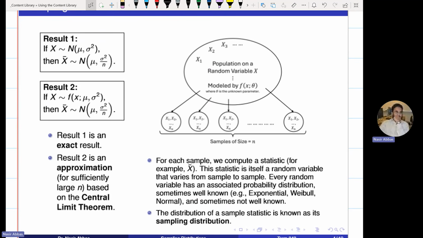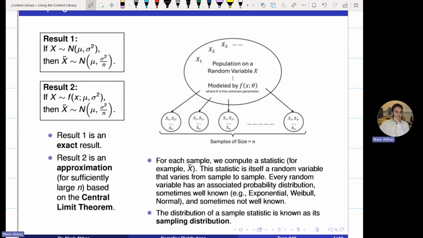So the distribution of X bar, which we will call normal due to approximation or exact, we will call the sampling distribution. The distribution of a sample estimator or statistic is called the sampling distribution.